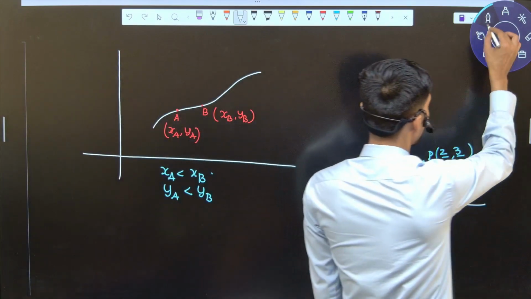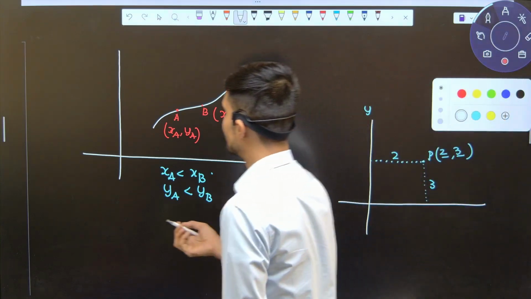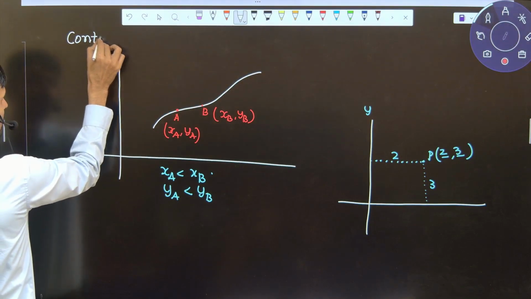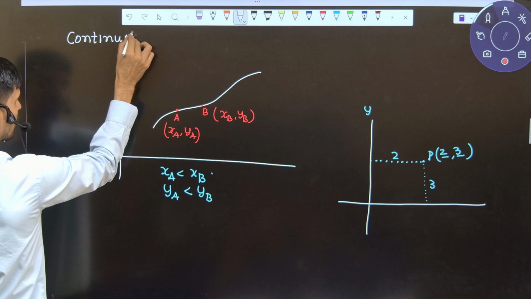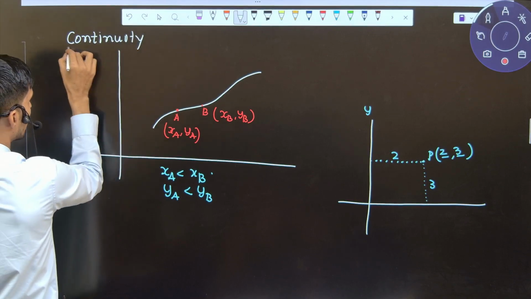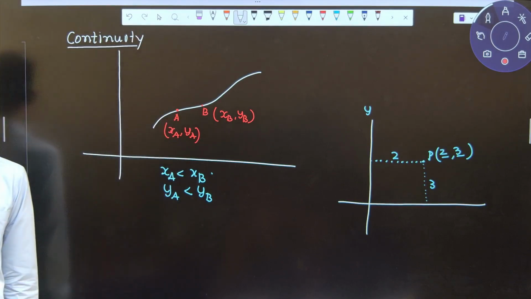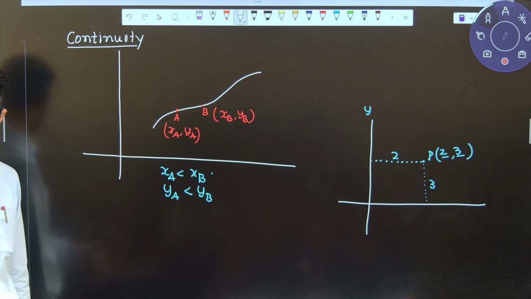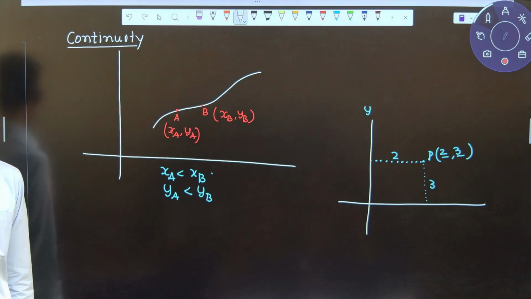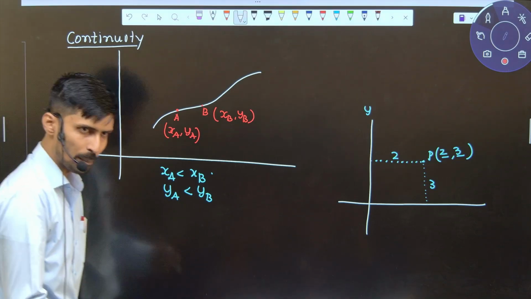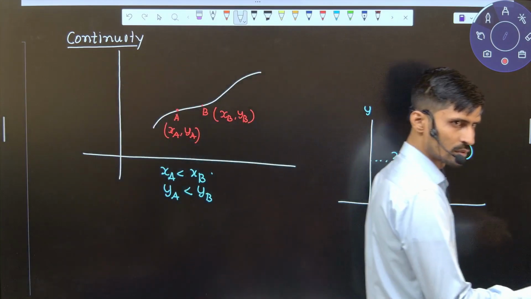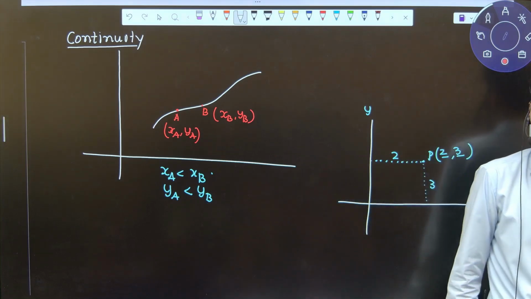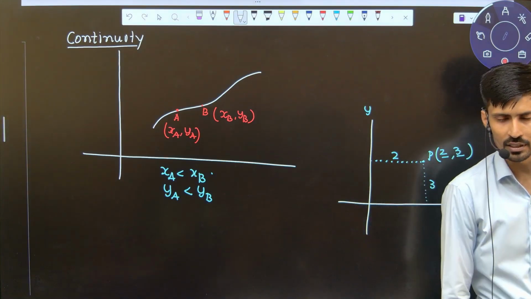Now, the chapter name is continuity. Okay, now see, when we walk on a path, do you know on that path I am not walking continuously?